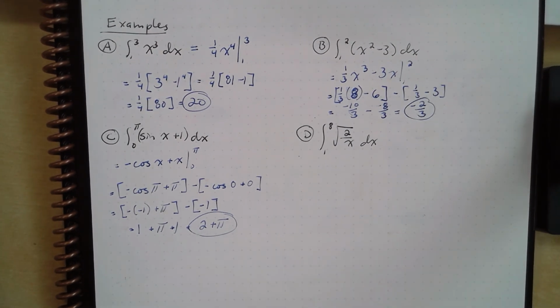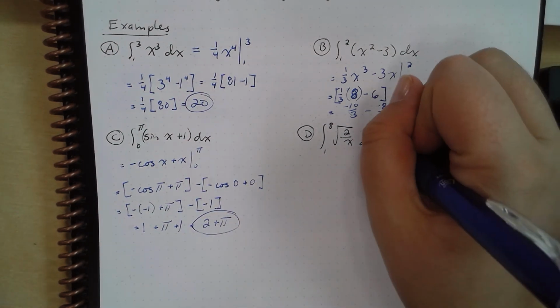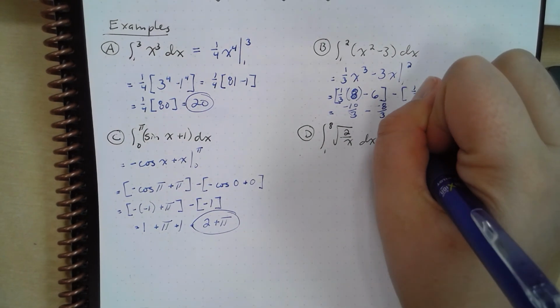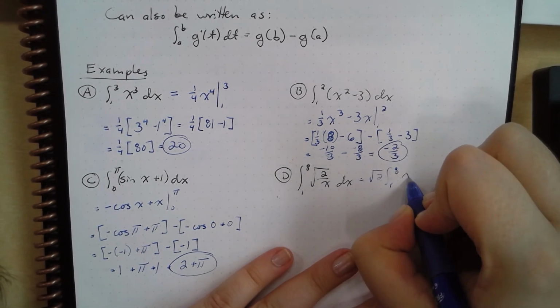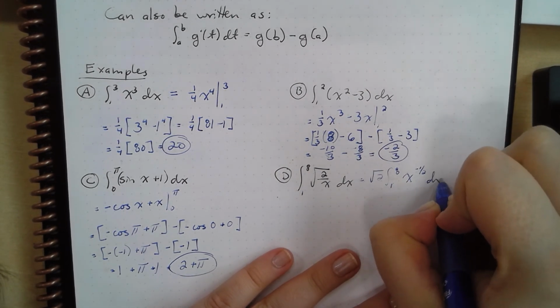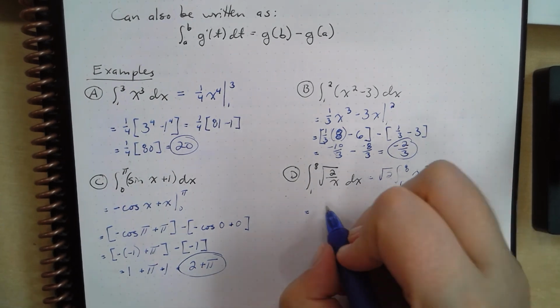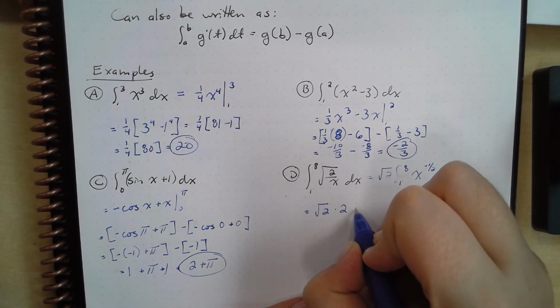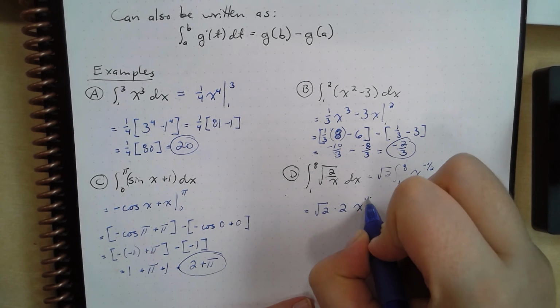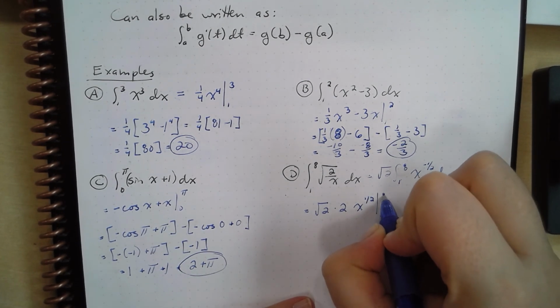We have the integral from 1 to 8 of the square root of 2 over x dx. Well, I can rewrite that as radical 2 times the integral from 1 to 8 of x to the negative 1/2 dx. So that's going to equal radical 2 times 2 x to the 1/2, evaluated from 1 to 8.